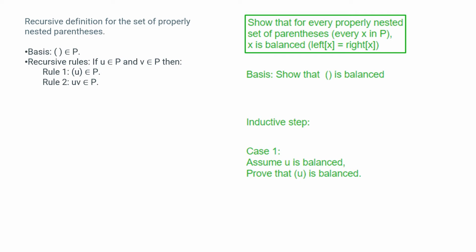Then for the inductive step, we would need to show that for each rule that could be used, assuming, remember before for induction we said assuming that this is true for k, then we're going to prove that it's true for k plus 1.